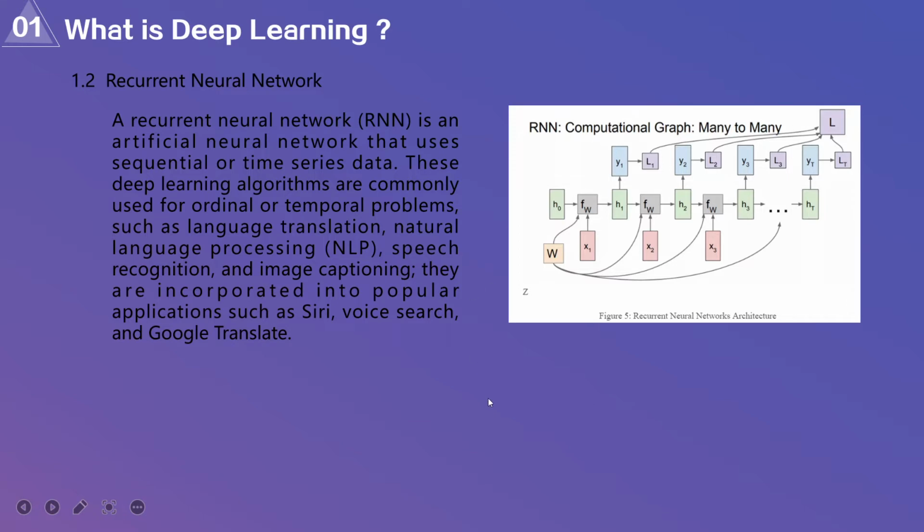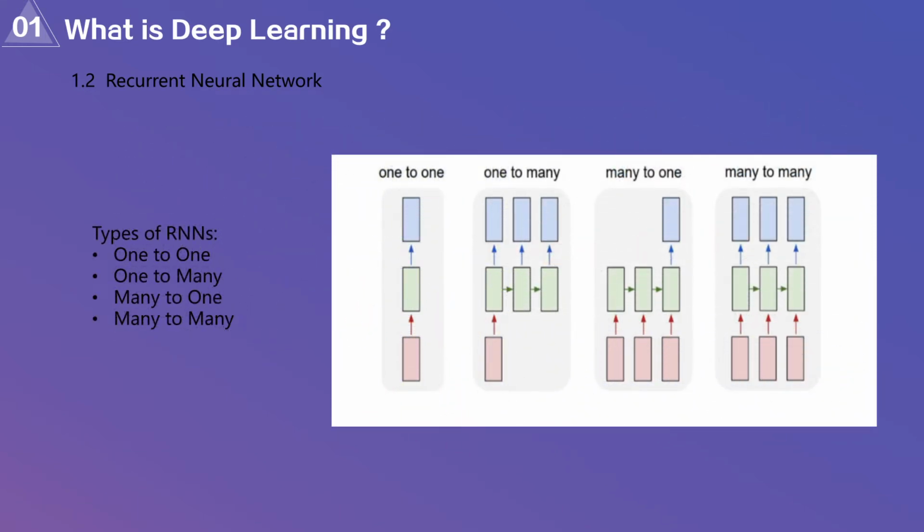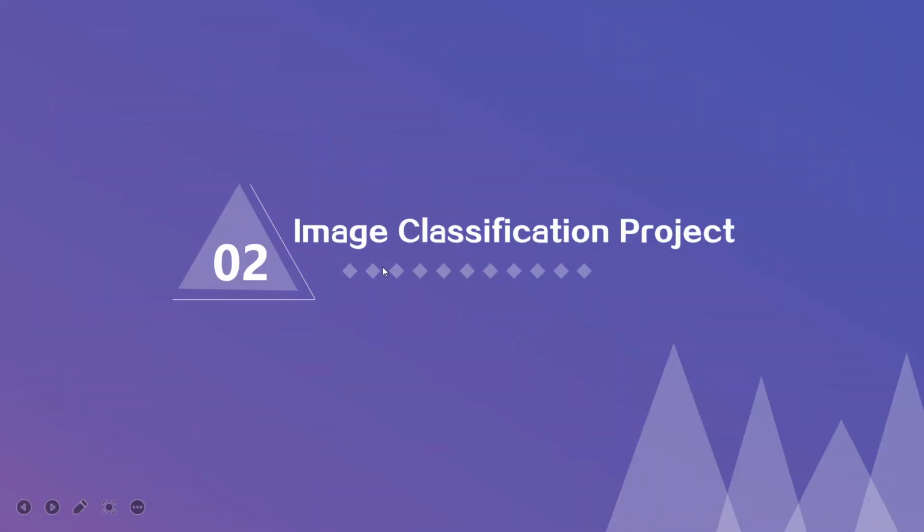They are incorporated into popular applications such as Siri, voice search, and Google Translate. The types are named one-to-one, one-to-many, many-to-one, and many-to-many. You can see in the picture.